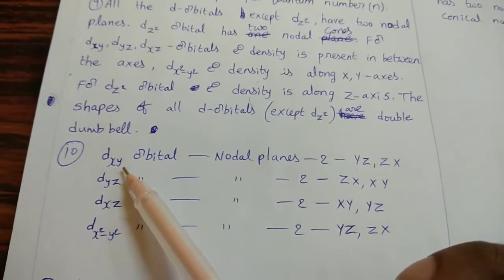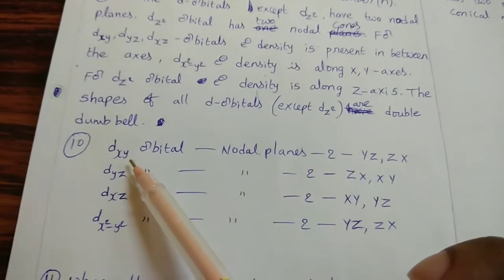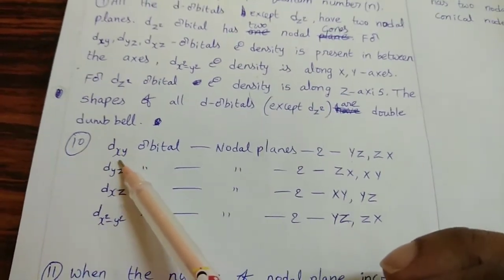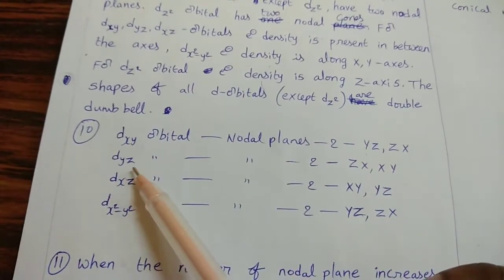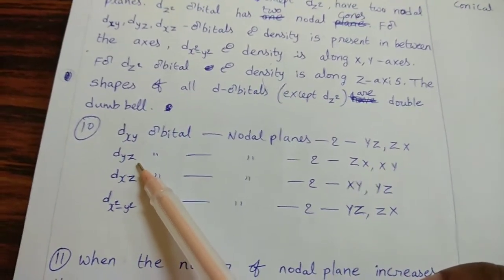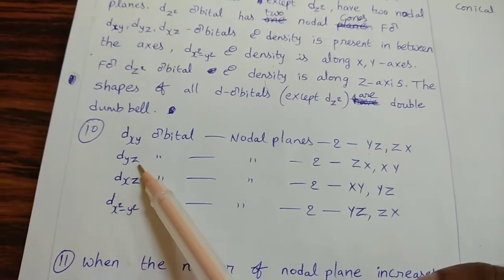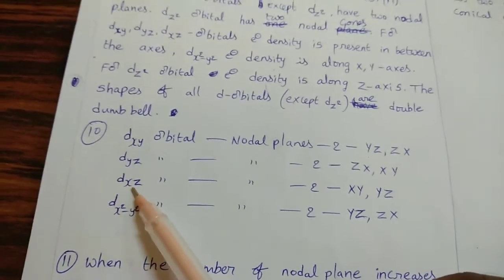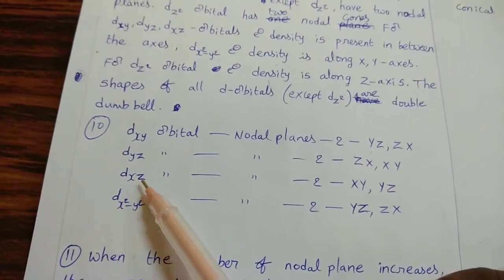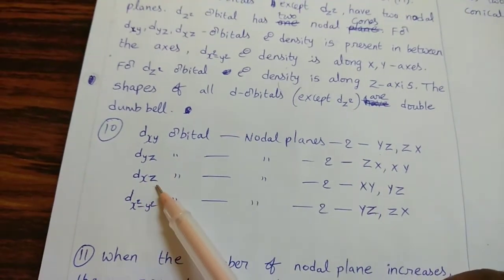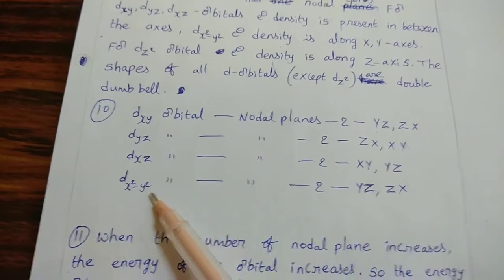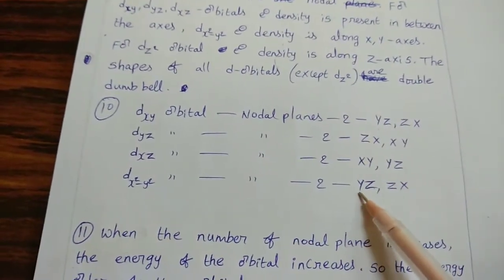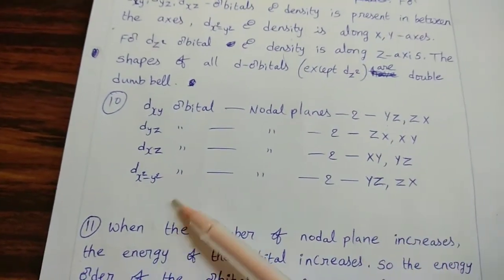What is the remaining axis? Z. So xz, yz are nodal planes. Dyz orbital. What is the remaining axis? X axis. So xy, zx nodal planes. Dxz. What is the remaining axis? Y. So xy, yz nodal planes. Dx square y square. What is the remaining axis? Z axis. So yz, zx are nodal planes.